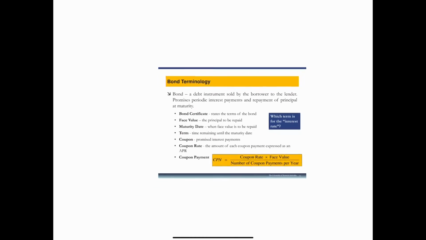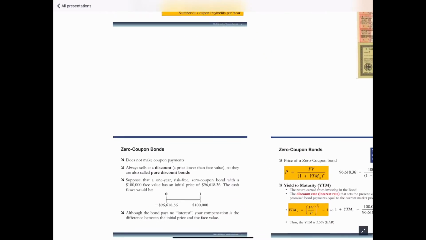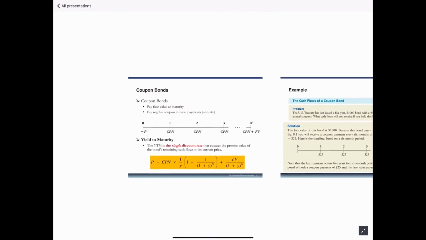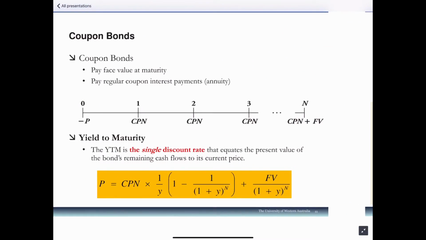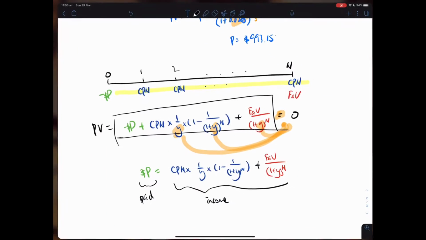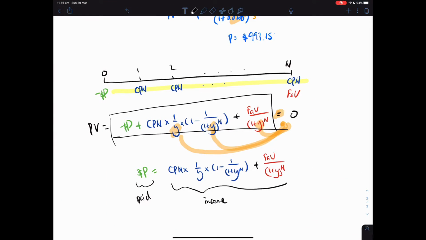In the bond world, the discount rate is the yield to maturity, such that the present value is the same as your income. The yield to maturity is an interest rate because it sets the price you paid to be the same as the present value of your income. All right.